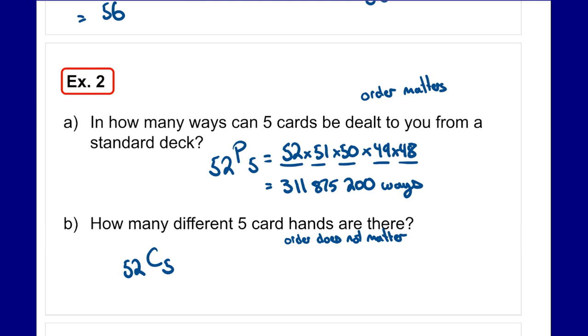So 52 choose 5, which works out to 2,598,960. Now with combinations, you're not going to be using the slot method. It's going to be a little bit different, because the slot method implies that order matters. So in combinations, you're not looking at using the slot method. You have to think about how many options you have and how many different ways there are to choose them.